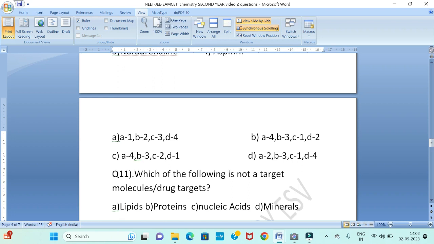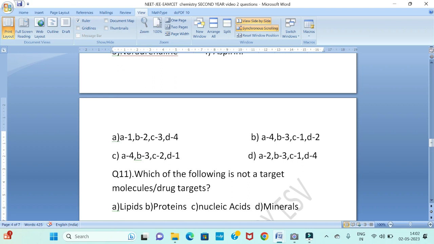So the answer is minerals. Lipids means fats; fats are target molecules or drug targets. Proteins are also target molecules, and nucleic acids are also target molecules. Next, minerals: no, it is not a target molecule.